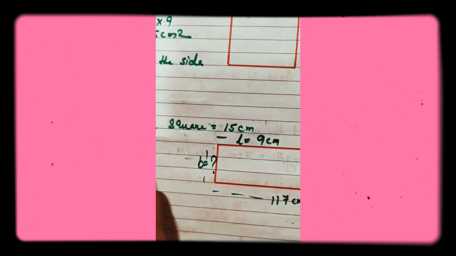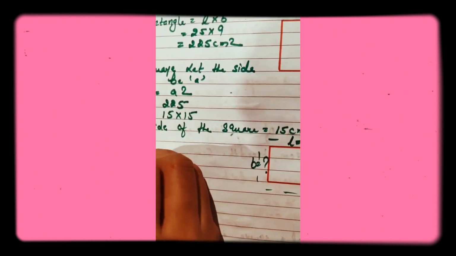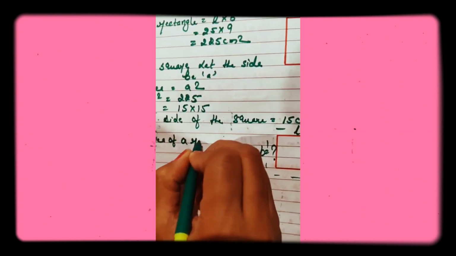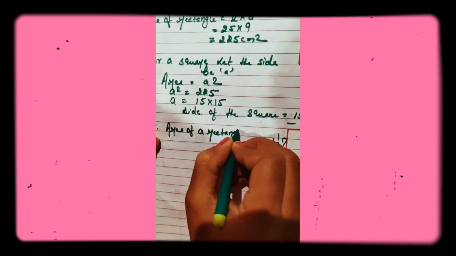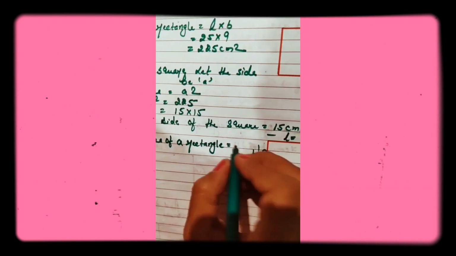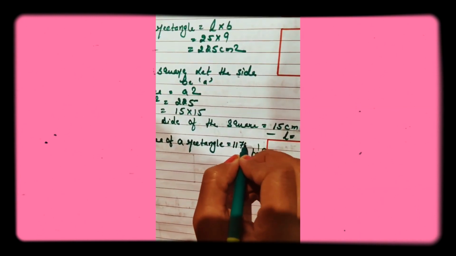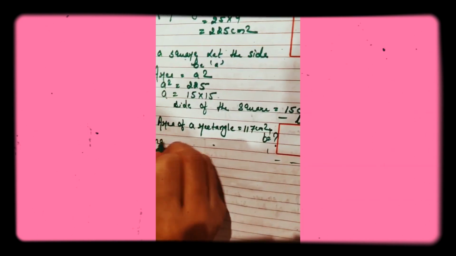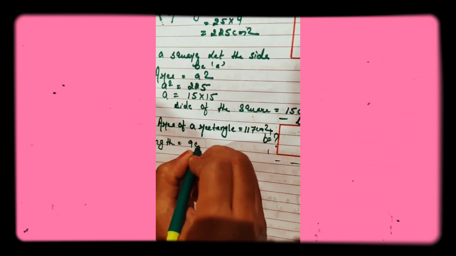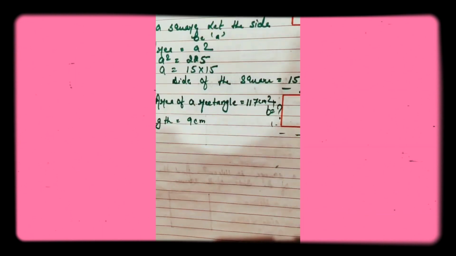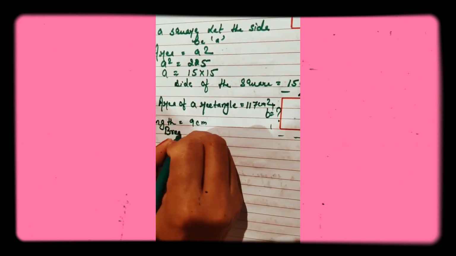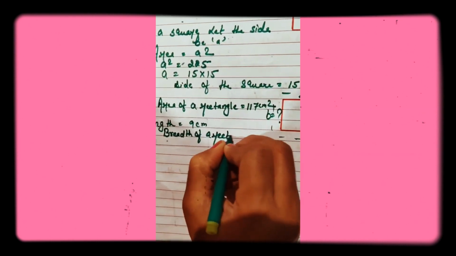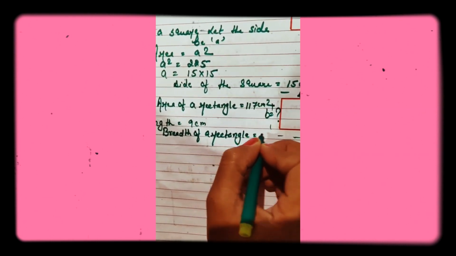Understood? So you have to write area of a rectangle equal to 117 centimeter square. Clear? Length is given 9 centimeter. Okay. Now breadth of the rectangle equal to question mark.